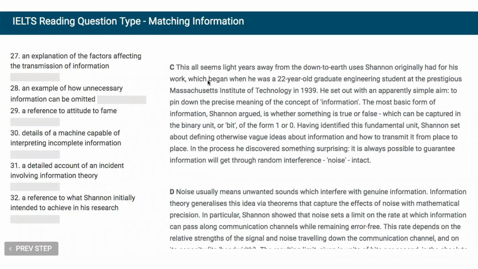And we'll go down to paragraph C. Now I see Shannon again, so I think perhaps it could be the answer to the other Shannon question, although we also see Shannon located in paragraph D, so I'll keep reading. Shannon originally had for his work, which began when he was a 22-year-old graduate engineering student, okay?